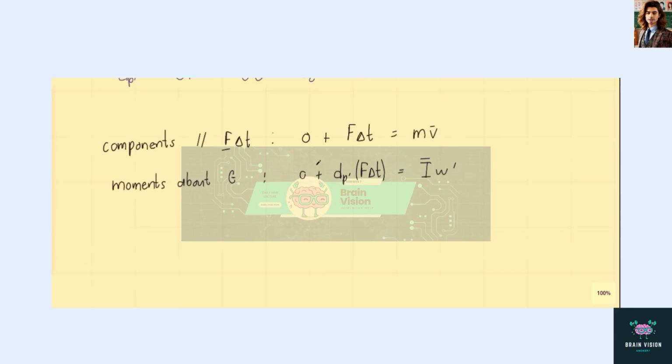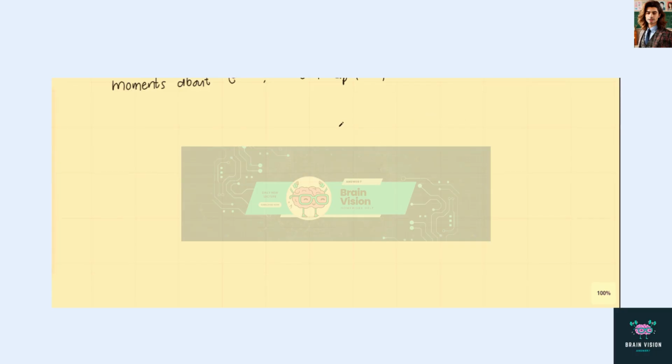So again, like we did before, we have two equations. F delta t is equal to m v bar. We'll substitute this into the second equation, and we get that v bar over omega prime is equal to I bar over m dP prime.